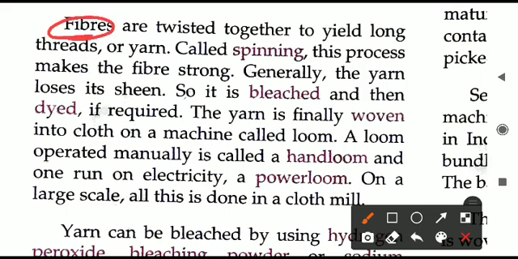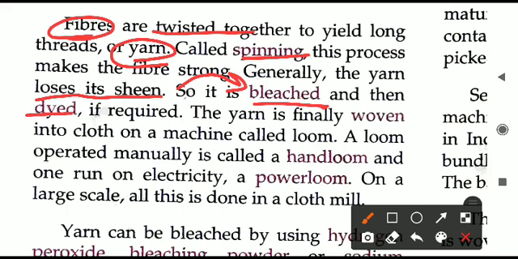First of all, fibers are twisted and converted into the yarn by the process of spinning. Then after the spinning, the fiber will lose its sheen. So the second process after the spinning is called bleaching and dyeing, just to give a particular color. And then followed by that, yarn is taken to a loom, where this yarn will convert into a cloth.